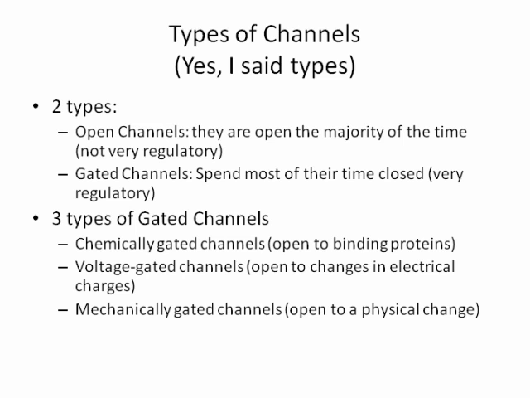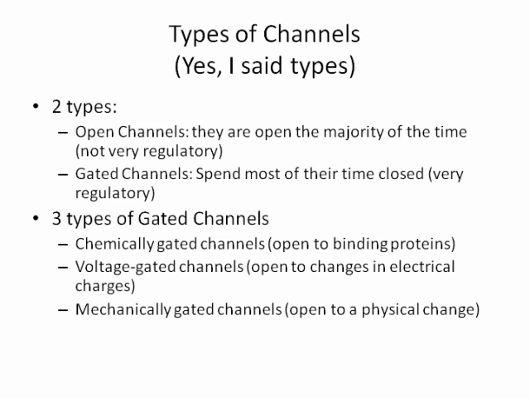Now, at the onset of this, I did say that channels are almost continuously open, as opposed to their counterparts, that being the carriers. Right? And here's the thing. Gated channels might appear to go against that notion that channel proteins are almost always open for business.